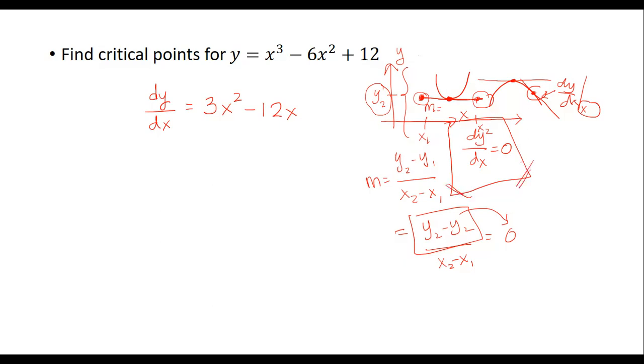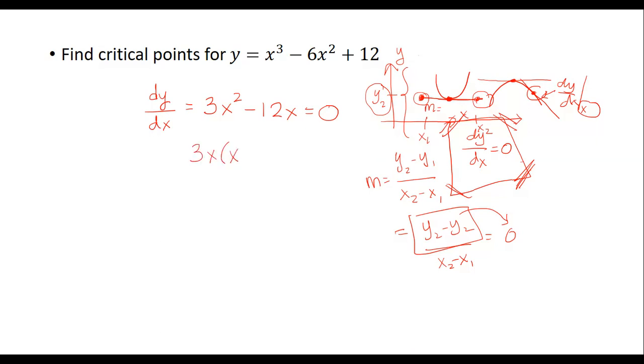Knowing this information, we come back to our problem, y equals x cubed minus 6x squared plus 12. Once we have that information, we can simply put this equal to 0, because we have this one. This is just the matter of solving your algebra problem, and I know you are very good at this.